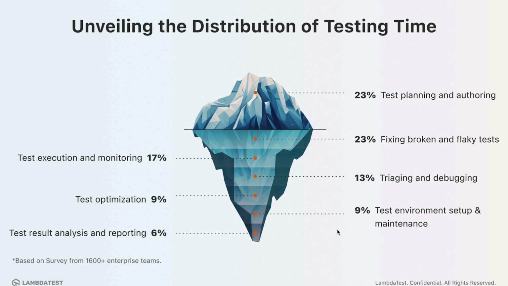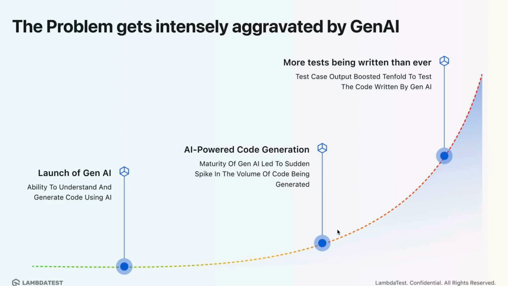If we dig deeper into this, we find out that things like fixing broken test cases, executing and monitoring your test cases, triaging, debugging the failed test cases, optimizations, and analysis take a lot of the hard work and time of the testing teams.